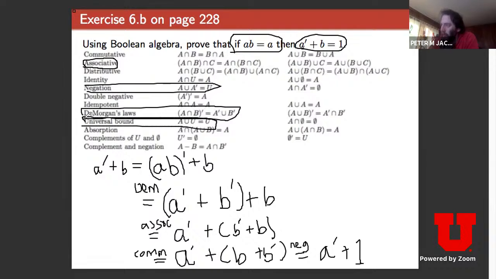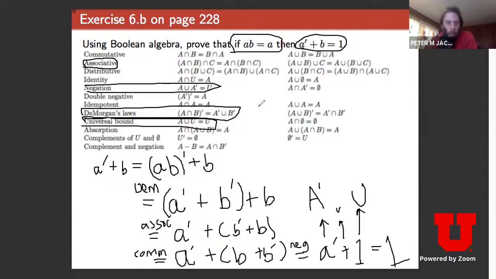So the U is a 1, and this plus is a union. The 1 is the universe, and the A prime is back in our set notation. So now we're taking a set union with the universe. That's the universal bound. So that's just going to be the universe, which is 1. So we're done.